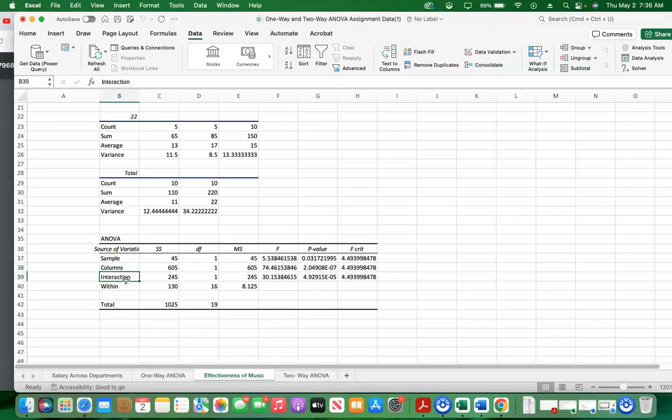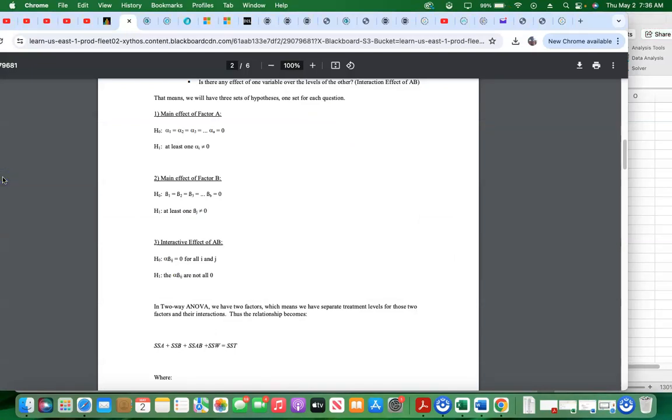However, we need to create hypotheses, and in the notes we have for two-way ANOVA, we have 3 types of hypotheses. The first one is for the main effect of factor A, we have the main effect of factor B, and we have the interactive effect.